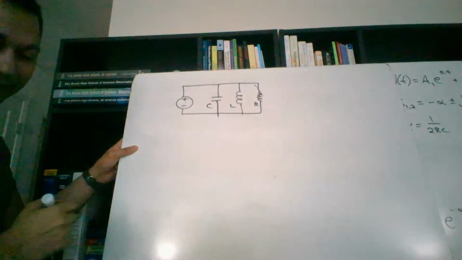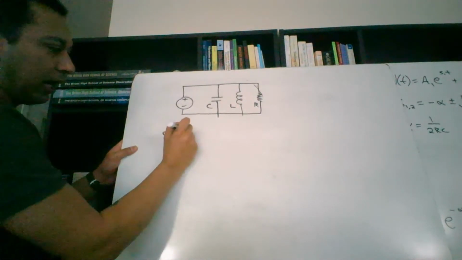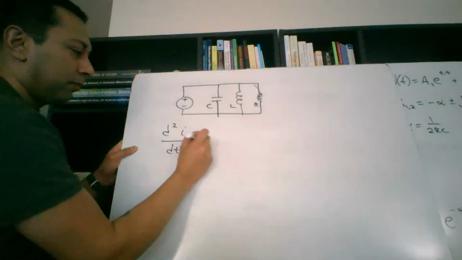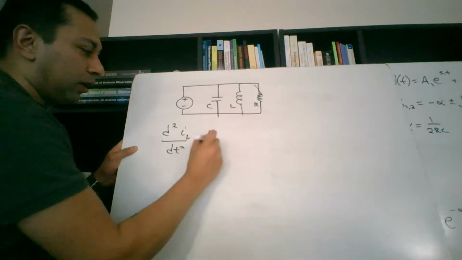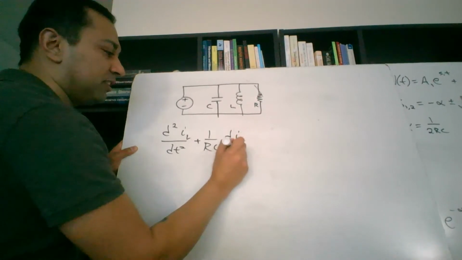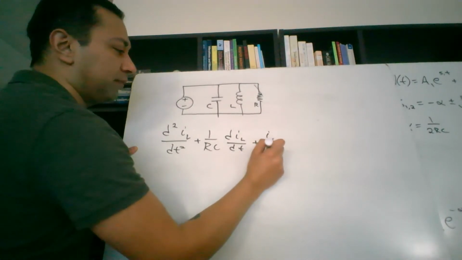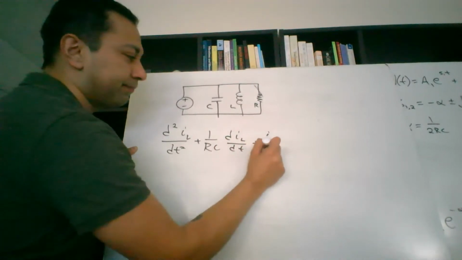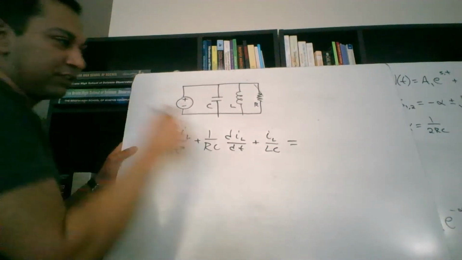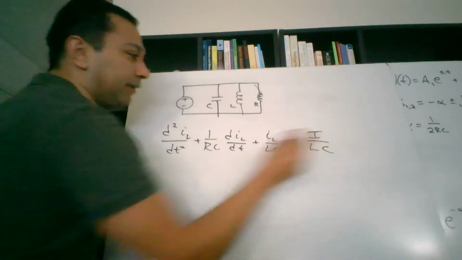For a situation like this, the differential equation is going to be written as d squared I of the inductor dt squared plus 1 over RC d I of the inductor dt plus I of the inductor over LC is equal to this additional voltage term here, which will be given by I divided by LC.